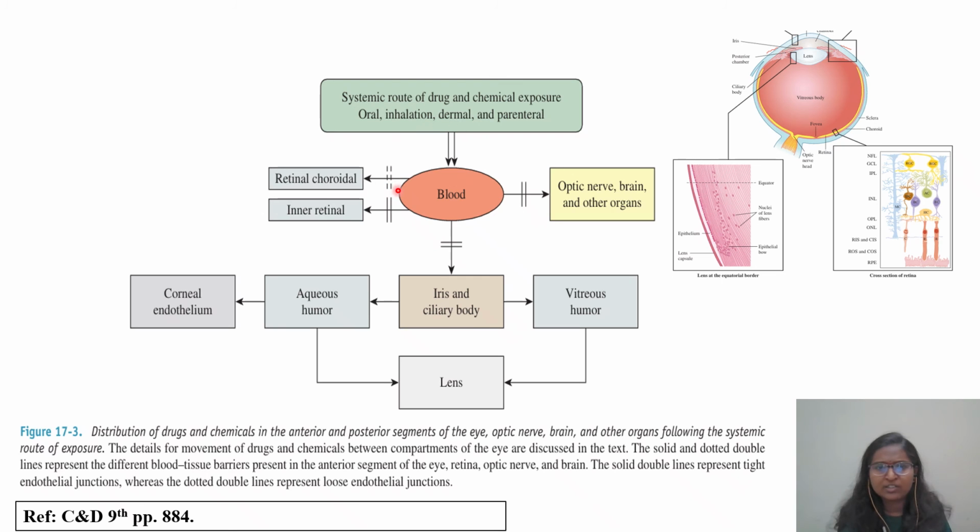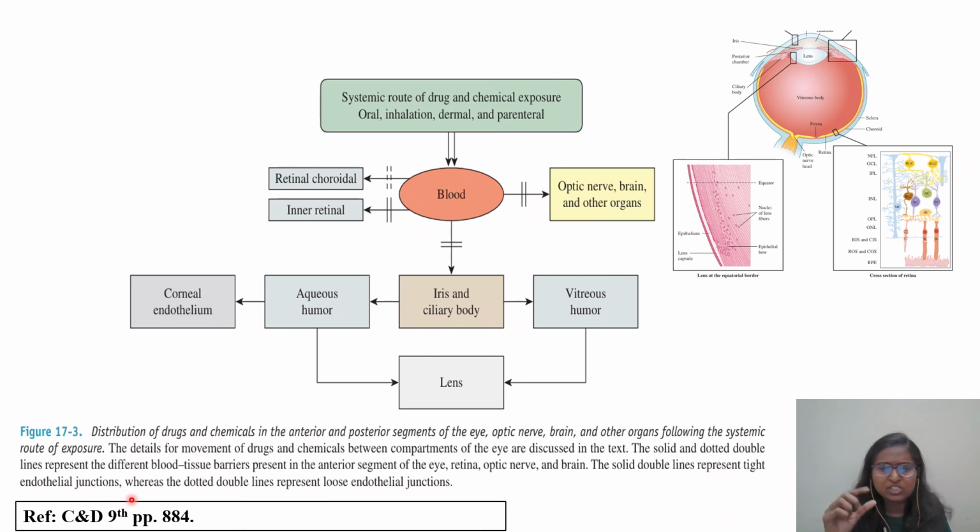So here you can see what the dotted lines represent. See, the solid and the dotted double lines represent different blood tissue barriers. Since you know the blood-brain barrier will be there, placental barrier will be there, cerebrospinal fluid barrier like this will be there, no? So different blood tissue barriers in the anterior segment of the eye. This dotted line represents retina, optic nerve and brain. The solid double line, these two lines are there, no? This solid double line represents tight endothelial junctions. In the brain and spinal cord also we have tight endothelial junctions.